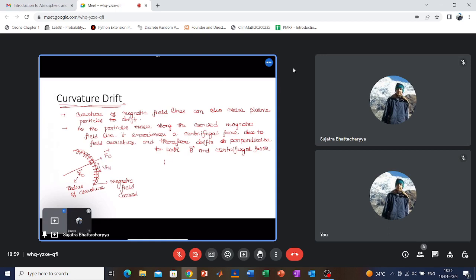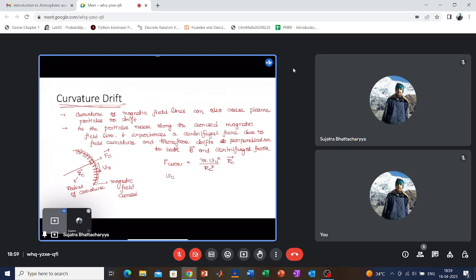Now this F curvature is actually nothing but m v parallel square by Rc. You can write it as Rc vector by Rc magnitude, which is Rc square, in vectorial form.